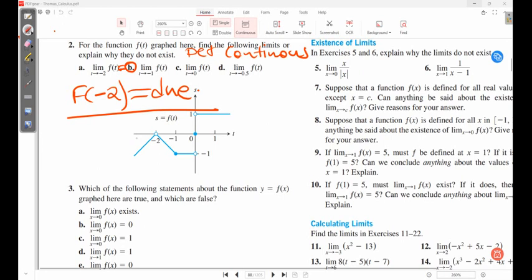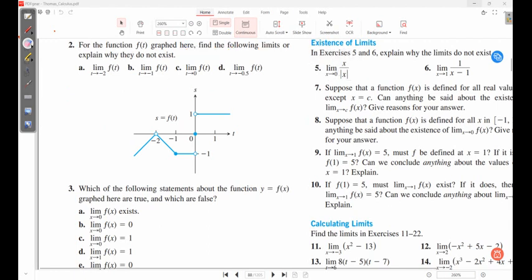Yes, sir. All right. Let's look at B. Is it continuous or discontinuous about the point -1? It's continuous. Why? Okay. What's the function value? f of -1 is what? So check -1 comma -1.